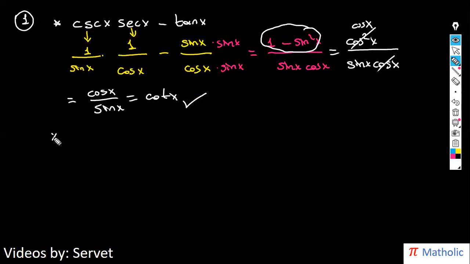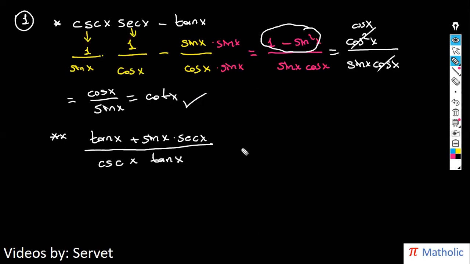Our second example is tangent plus sine times secant x over cosecant x times tangent x. Rule does not change. Our point here is to write all of them in terms of sine and cosine.